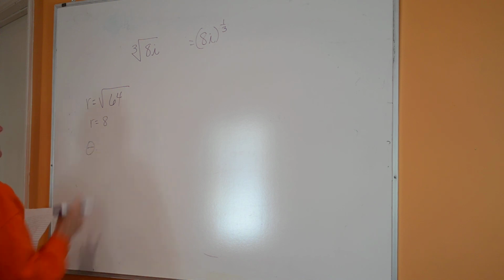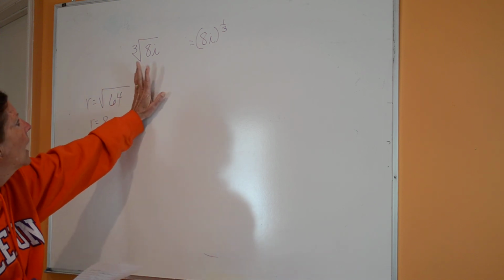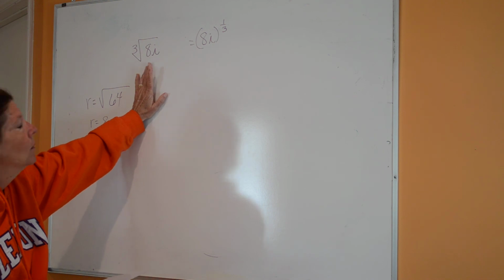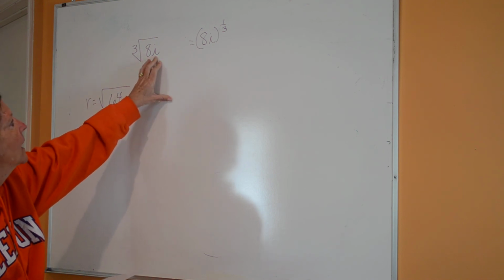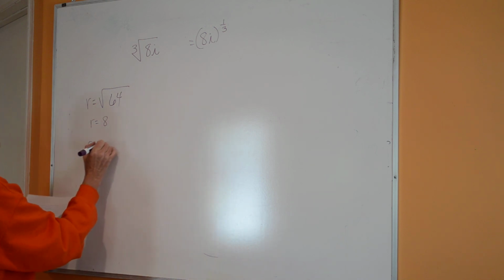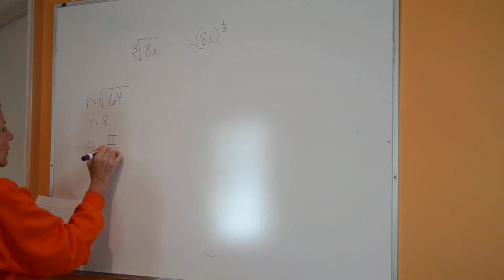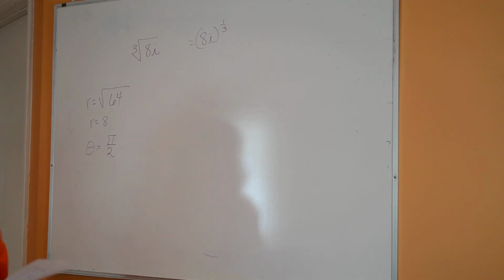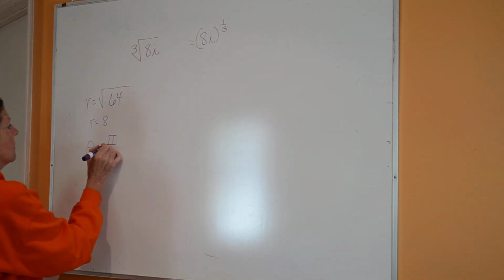My theta, I'm looking for where I have a cosine of 0, but then I have a sine value, okay? And the sine value is positive. So I know I'm looking at pi over 2 because that's where my cosine is equal to 0 and my sine has a positive value.